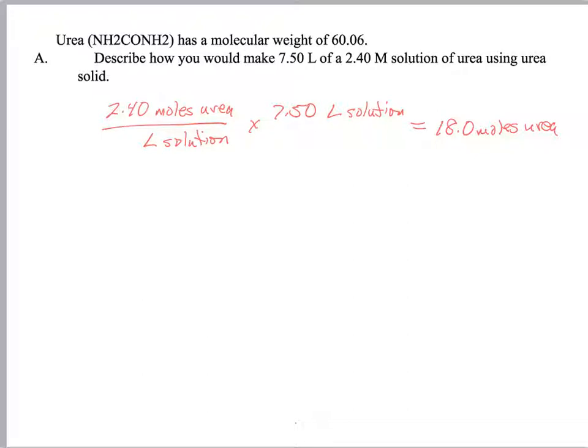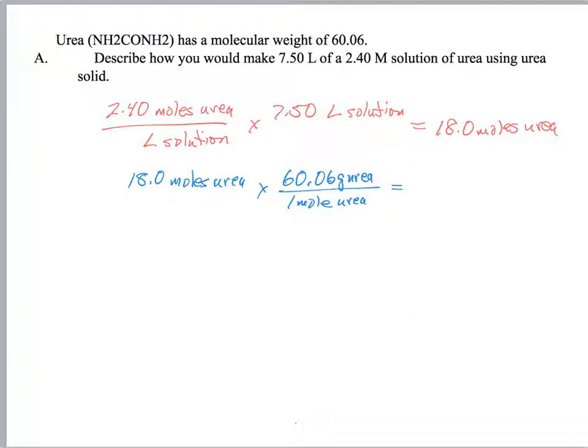Now, the problem is urea is a solid. We're going to weigh that solid on a balance, so we need to find a mass. And so we go back to our relationship. We know the molecular weight, so we have 18.0 moles of urea that we need. We know that there are 60.06 grams of urea in 1 mole of urea.